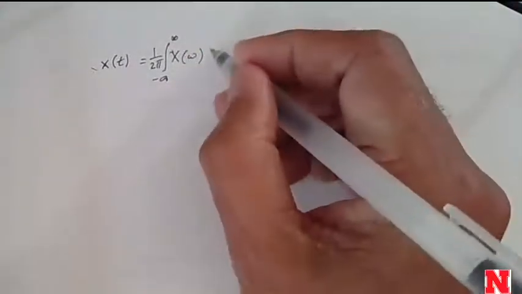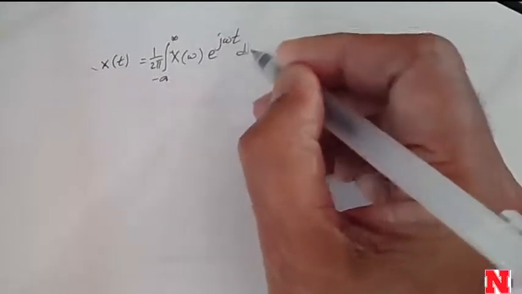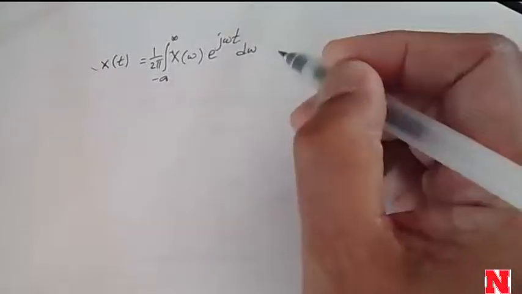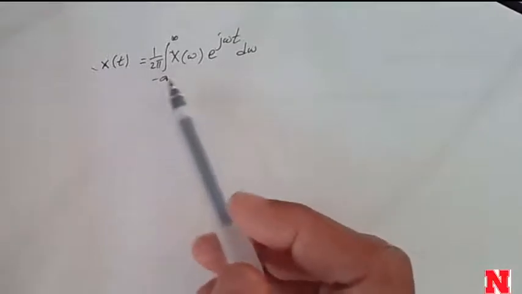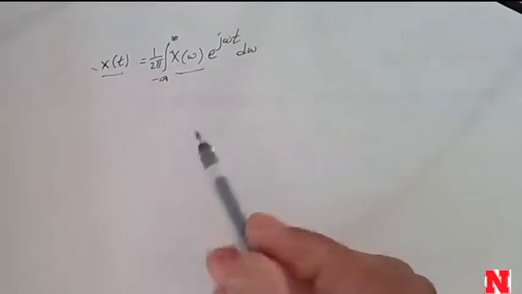So if I have e to the j omega t, d omega, this is a way of relating these two.